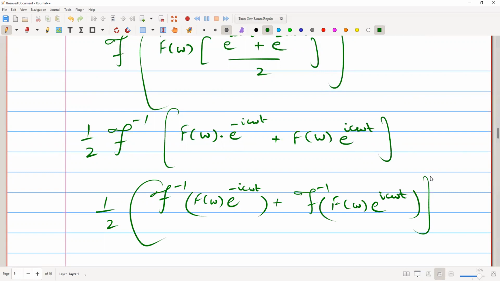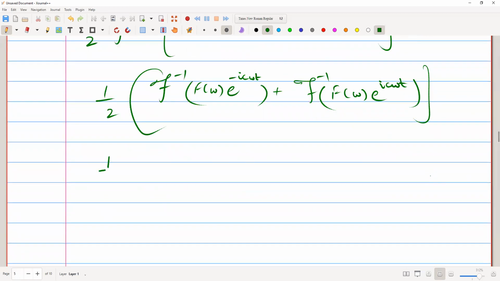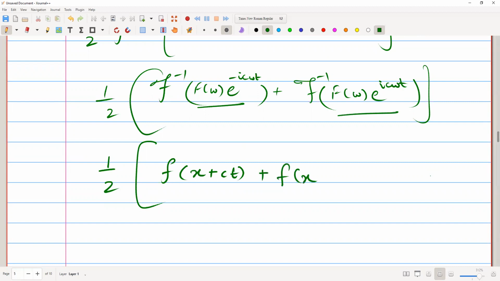This half we can keep outside, and this term will be nothing but a function of x plus ct, and this other term will be a function of x minus ct.